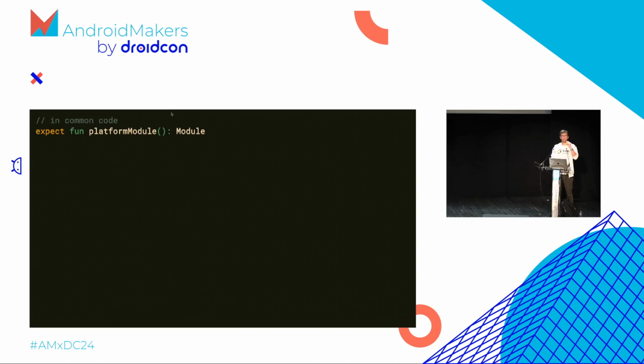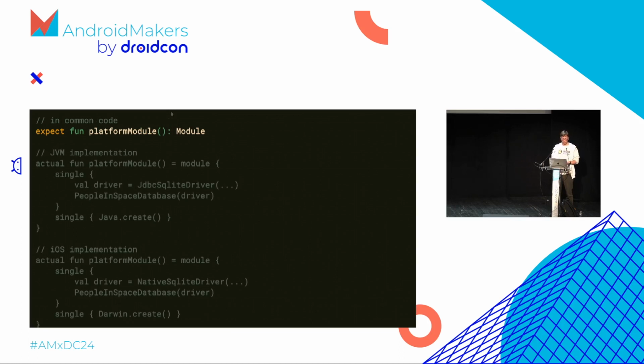If you saw John's talk this morning, he was showing the same aspect with the SQLite driver, because for SQLite, for the database on multi-platform, you need to implement the right driver for the right platform. In the common code, we say we have a module, and on each platform we say what kind of implementation we have.